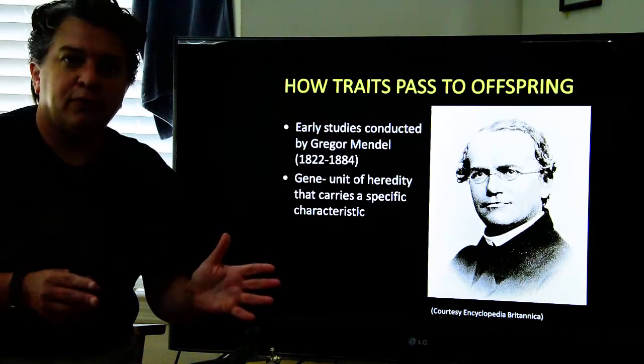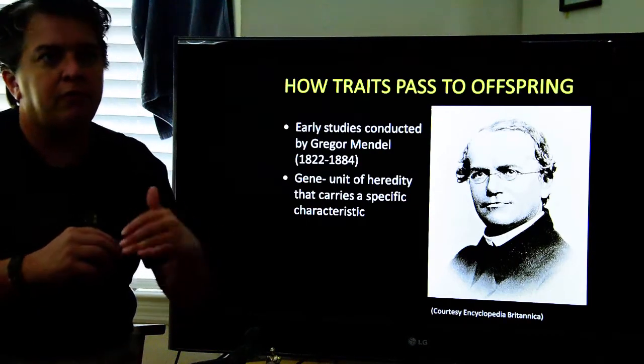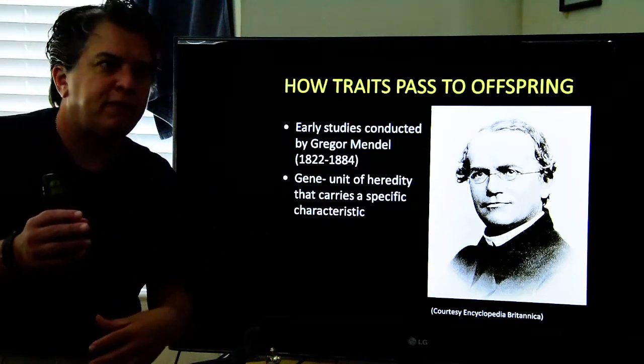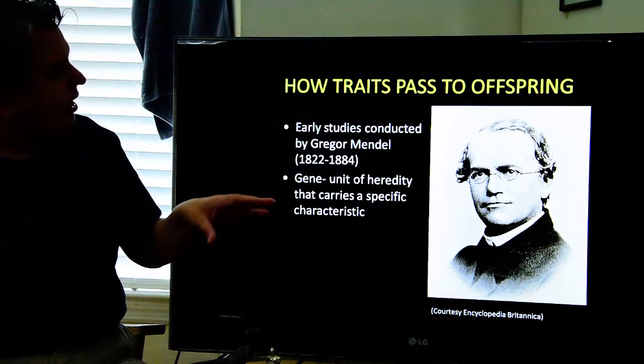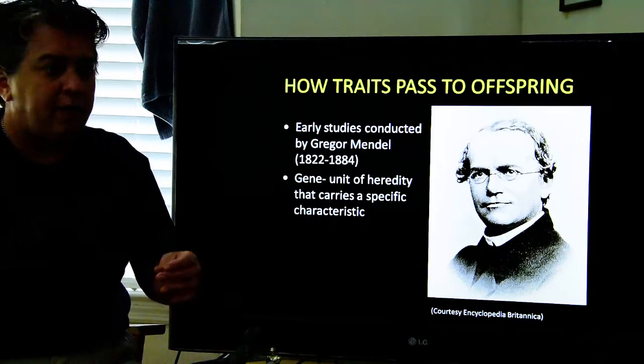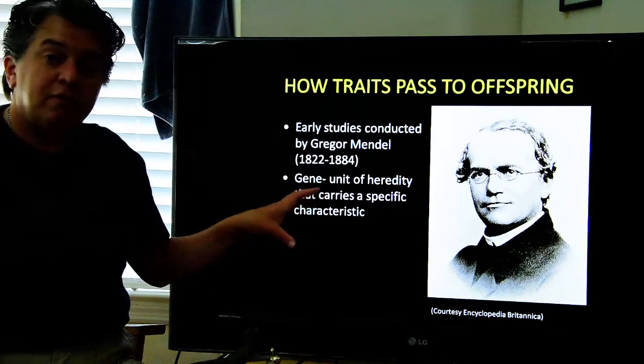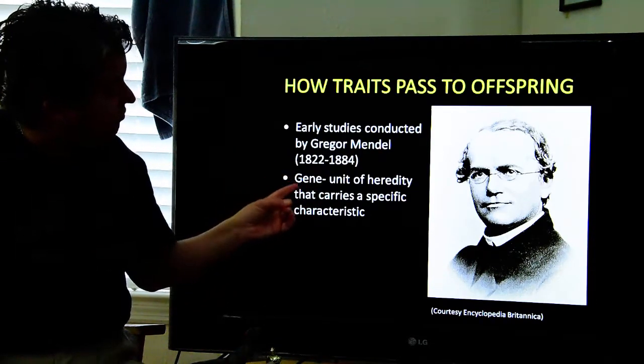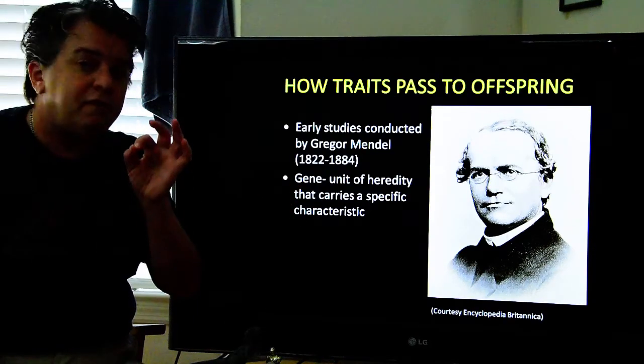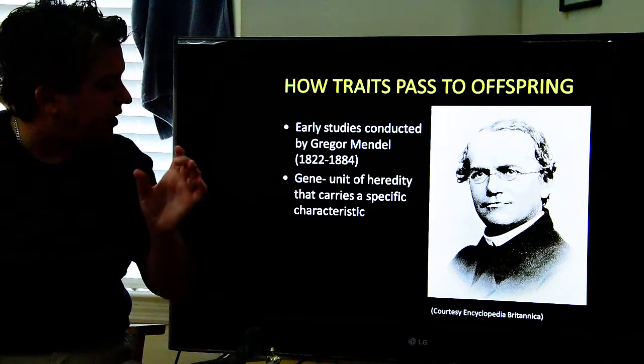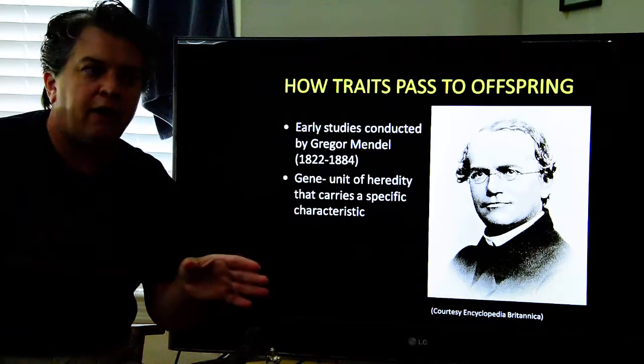And he looked at their different traits, like the color of peas they produced, how tall they'd grow, what color flowers they had, things like that. And over time, he figured out that there are what are now known as genes. And the gene is a unit of heredity that carries a specific characteristic.